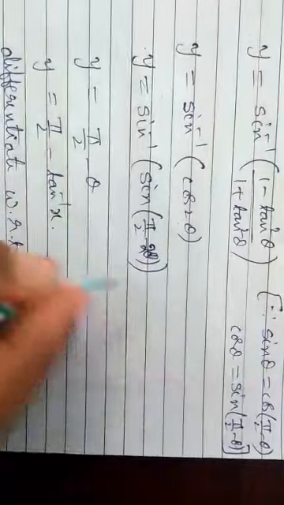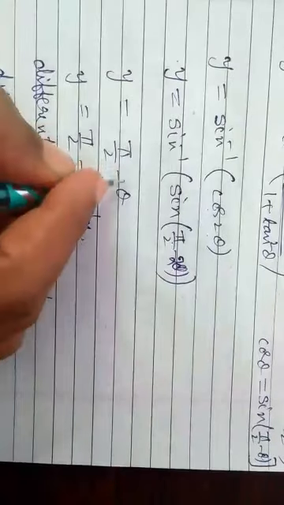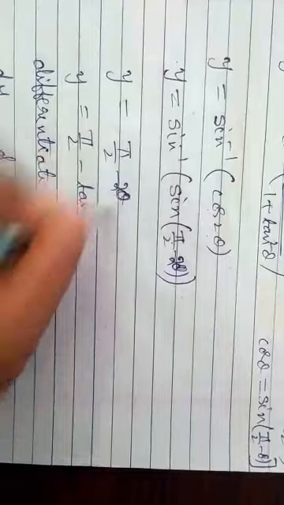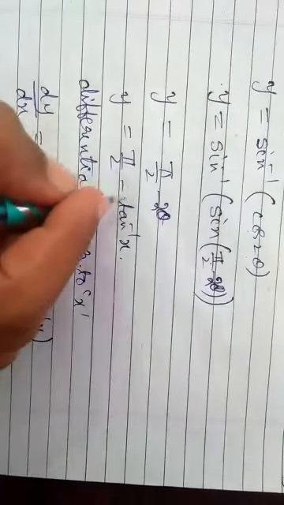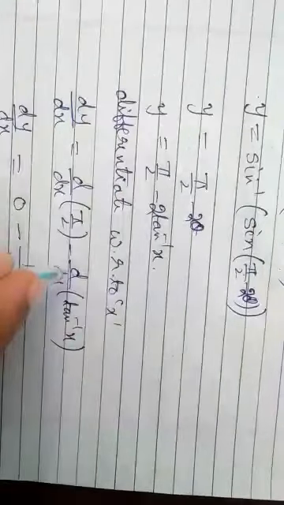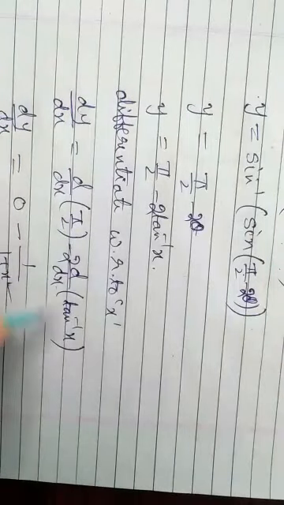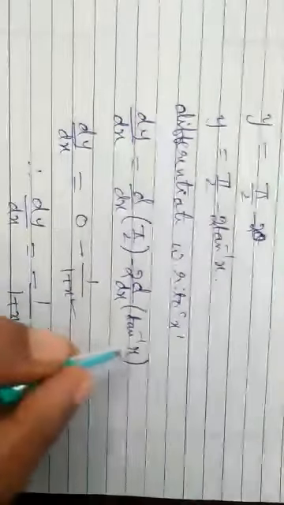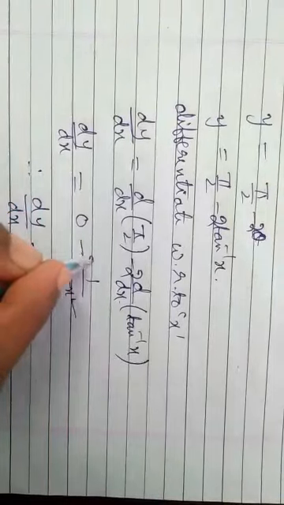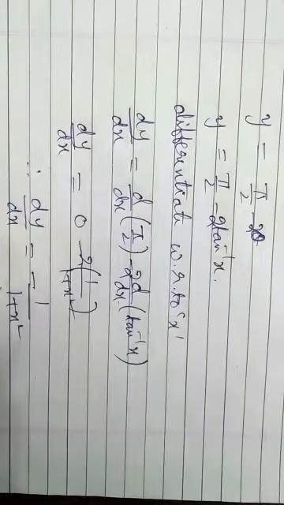I made a small mistake, correct it. Pi by 2 minus 2 theta, you will get 2 theta here. 2 theta means pi by 2 minus 2 tan inverse x, and here 2 into d by dx of tan inverse x, so 0 minus 2 into 1 by 1 plus x square, that is minus 2 by 1 plus x square.